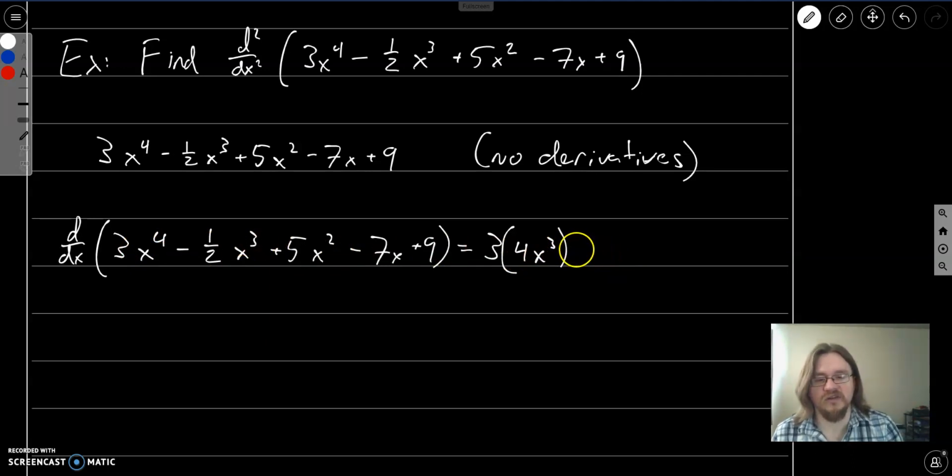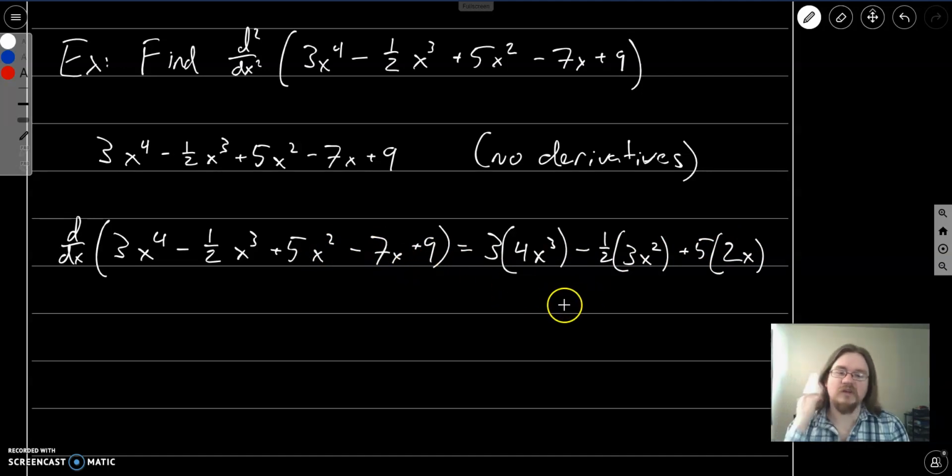The next guy, we're going to subtract 1/2 times the derivative of x to the 3rd, which will be 3x squared. We will add 5 times the derivative of x squared, and I've run out of room. I'll continue on the next line.